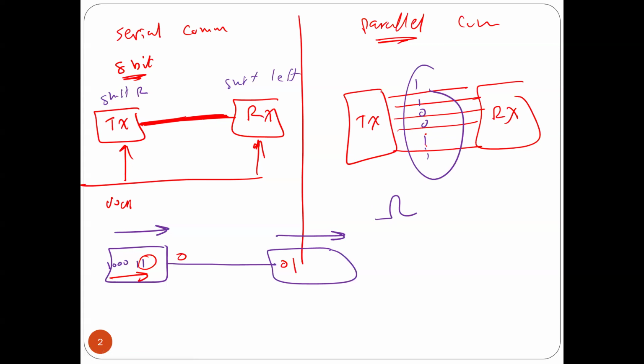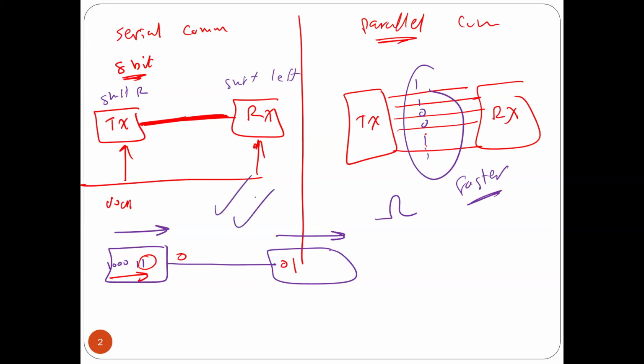So instead of 8 clocks, I need only one clock. You can notice this one is much faster, but it's more complicated because you need 8 wires.